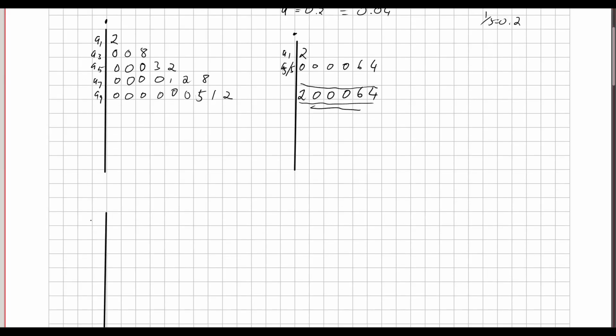So we have A3 over 3. Now, we'll have to divide 0.008 by 3. So let's do that over here. So we'll set this up.